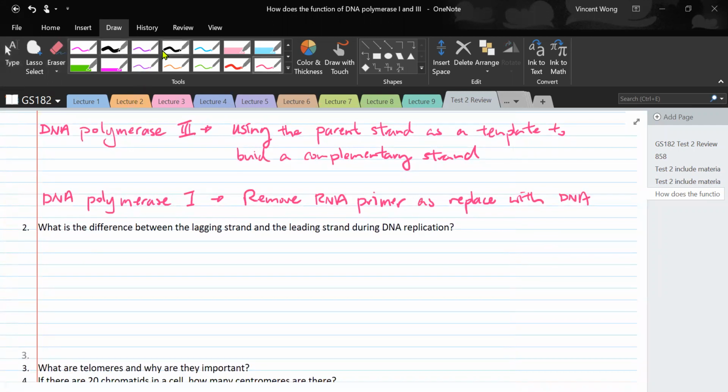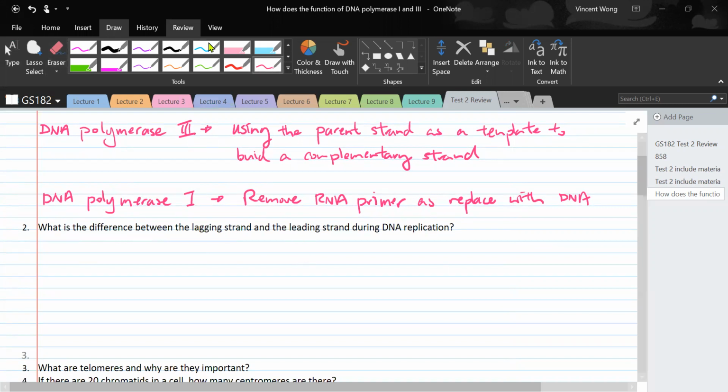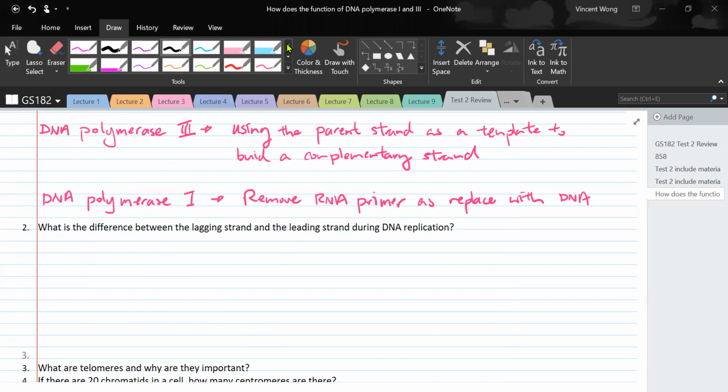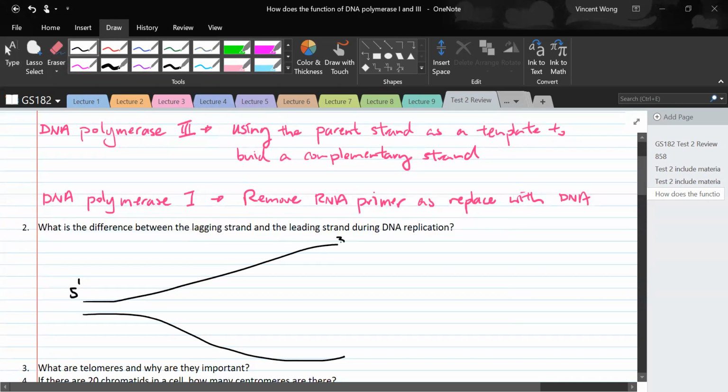Next one. What is the difference between lagging strand and leading strand of DNA replication? So if we look at the replication fork, for example, let's say we have 5' to 3' here and 3' to 5'.